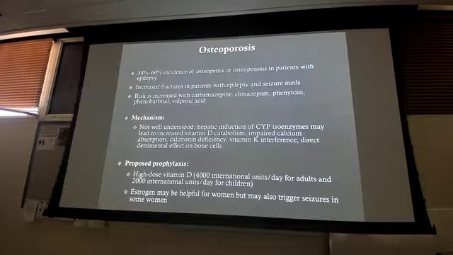So your big thing here is that we're just gonna tell them, hey, make sure that you're having the amount of vitamin D that you're supposed to. So for this osteoporosis slide, just know that if I have epilepsy, I'm more prone to having osteoporosis, and all we're gonna do for them is vitamin D, okay?